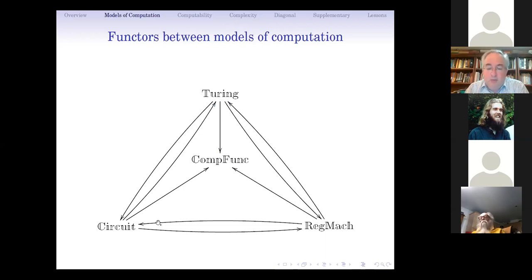But really, the operating system in your handheld calculator is telling what the circuits should do. So that's in some sense a functor from register machines to circuits. There are also Turing machines to register machines, or the other way around.